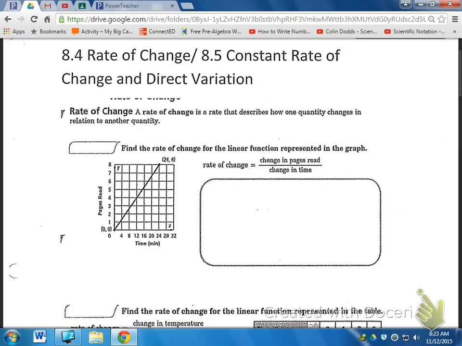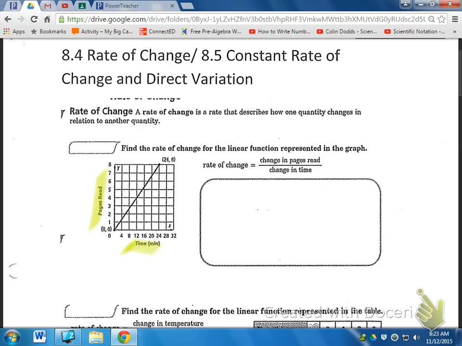So we're looking at the pages read on the y-axis. So we're comparing the pages read to the time in minutes. So kind of like unit rate, how much per minute and things like that. It's very similar. Again, they're calling it something different, and next week we'll even call it a different name.